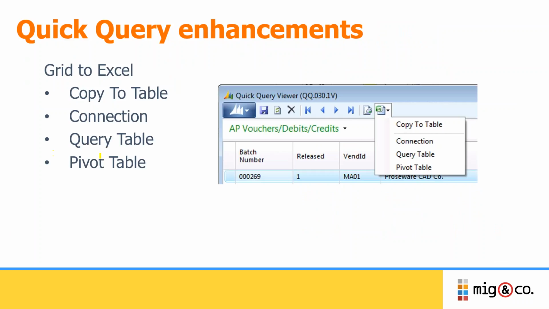And there's a little button here in the middle of your screen that you can use to export to Excel, and what it does is you can create a connection point, a query table, a pivot table, and it gives you an opportunity to really update that file, that report. So it's still connected. It's not just an output process that goes to Excel.